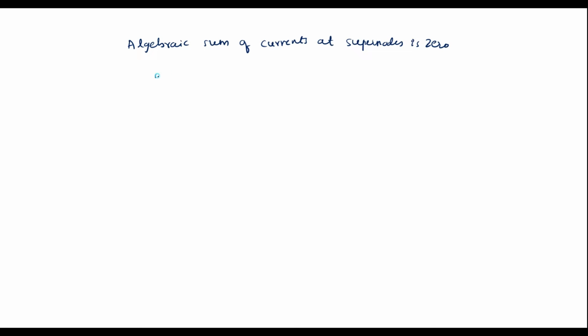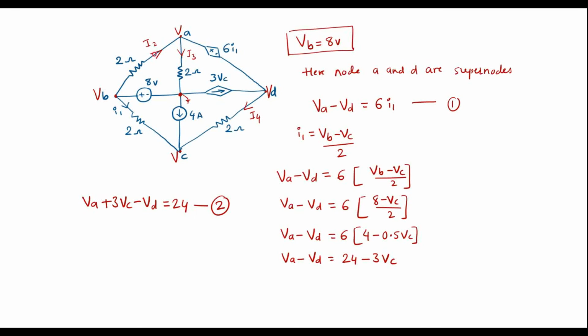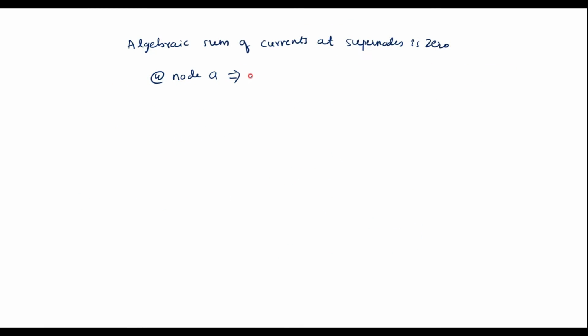So here we can identify the currents at node A. So at node A, here the currents are, one current is I2, another current is I3. So at node A, current I2 is incoming, I3 is outgoing. So I can write for incoming current I'll use positive, that is plus I2, and I3 is minus I3.